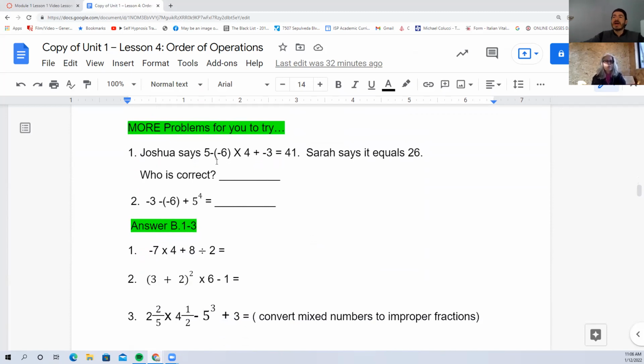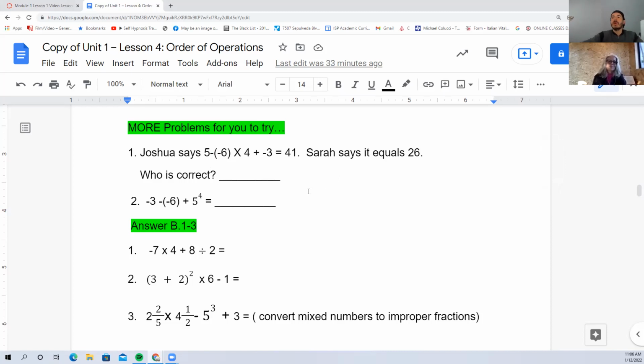Joshua says that 5 minus, it's a subtraction sign, a -6, that's the 6 to the left of 0 on our number line, 6 units away from 0, times 4 plus a -3 is 41. Sarah says it's equal to 26.